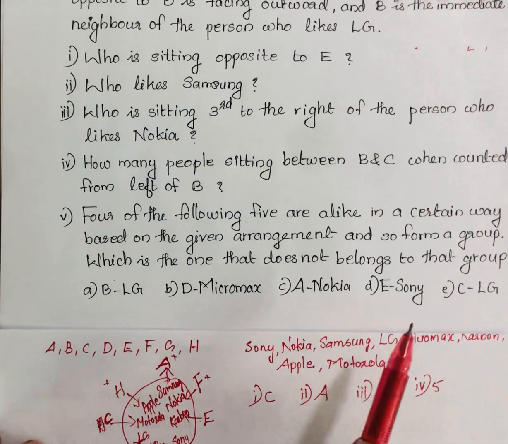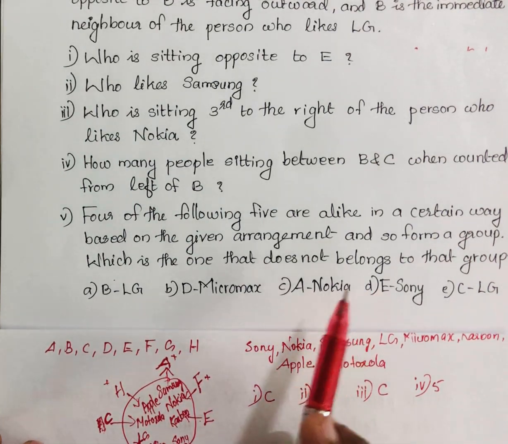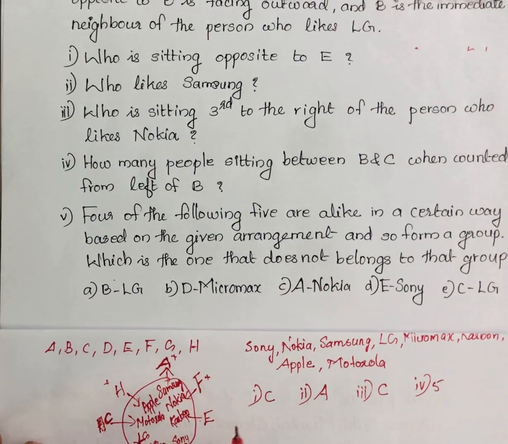Then which of the following combinations is the odd one from the given group? That is odd one out we have to find. B, LG. In this type of question, it is facing inside and outside, so we have to check the direction they are facing also. B is facing outside, so this is the right side. B, LG: LG is the right of B. D, Micromax: D's right side is Micromax.